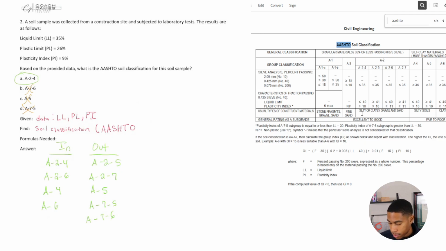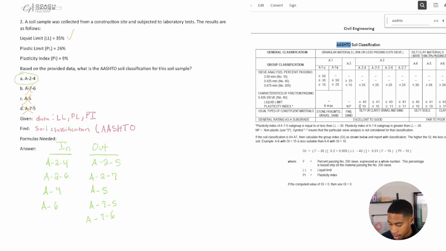Okay, so we've gone through liquid limit, right? Now let's look at plastic limit. You can't look at plastic limit. There's no real place for plastic limit right now. So we'll look at plasticity index, right? So plasticity index is 9%.